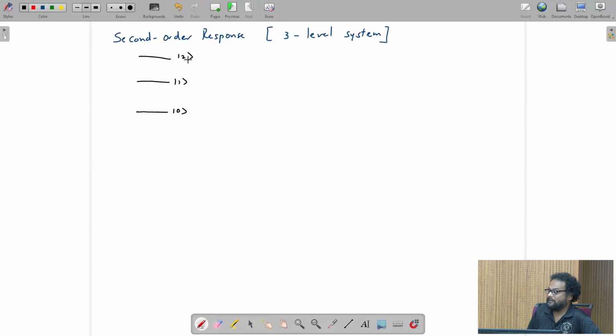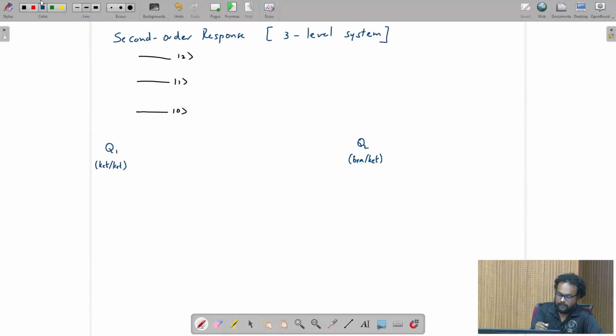Remember, second order response is going to have two sets of correlation functions. You will have so-called Q1, which is ket interaction, and you also have Q2 which will be bra-ket interaction.